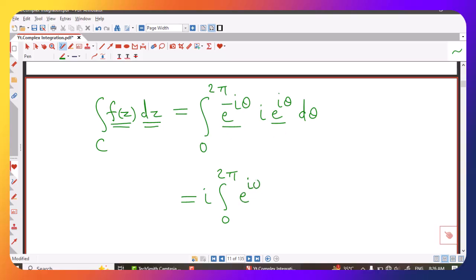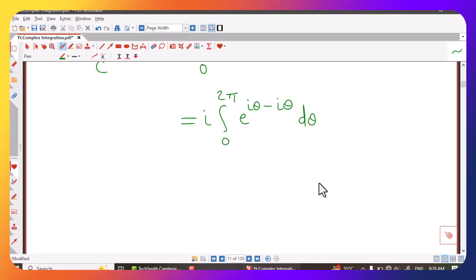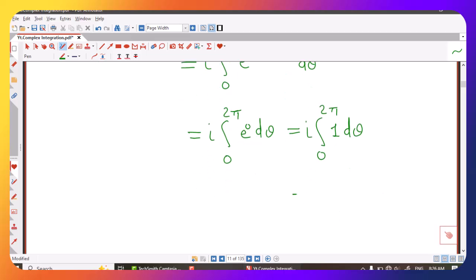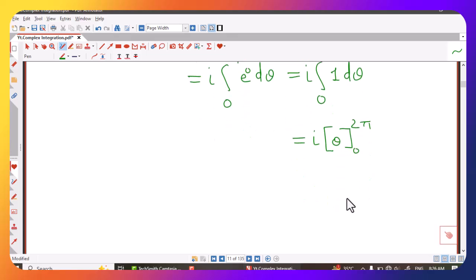We can write one more step using the property of the exponential function, and we obtain e raised to 0 here, integral with respect to theta. e raised to 0 is 1, so we have to integrate 1 with respect to theta. The integral of 1 with respect to theta is theta, and the limits of theta are from 0 to 2 pi.